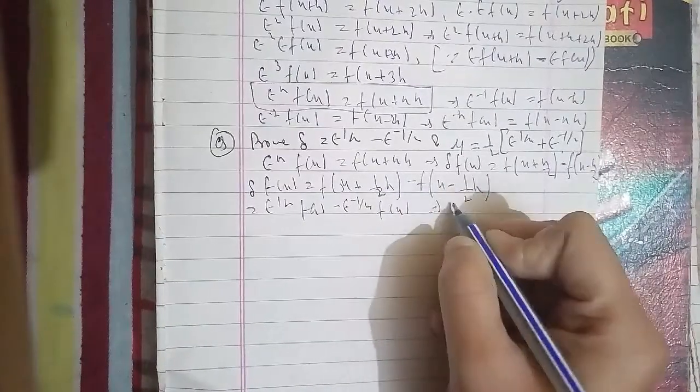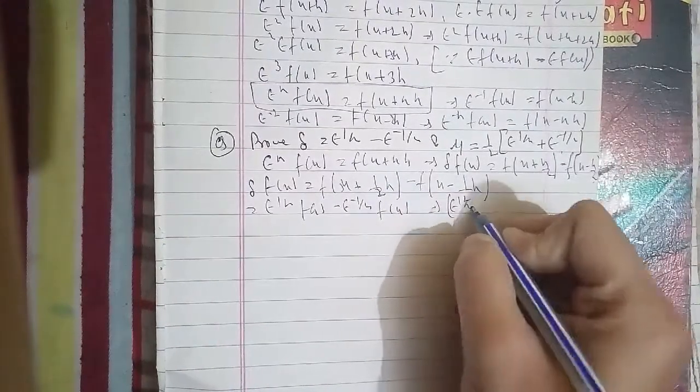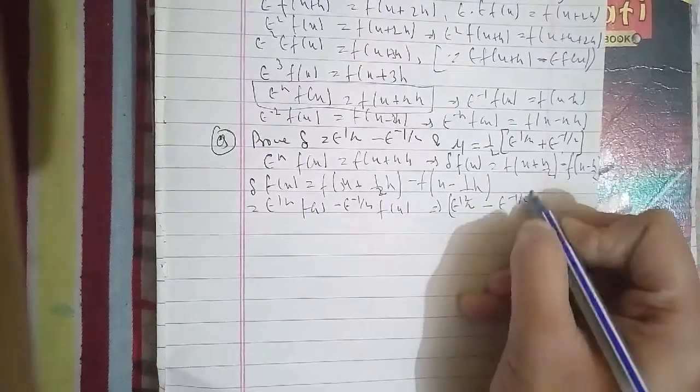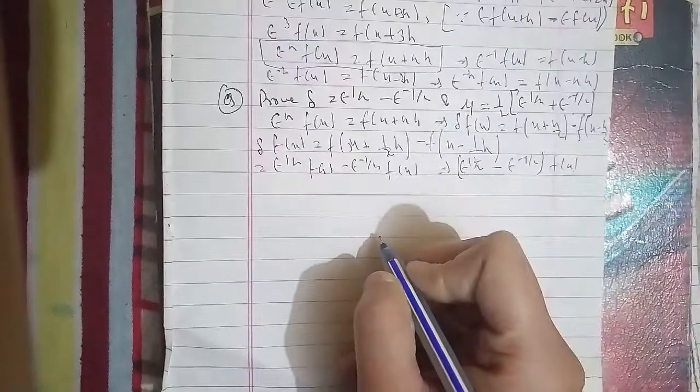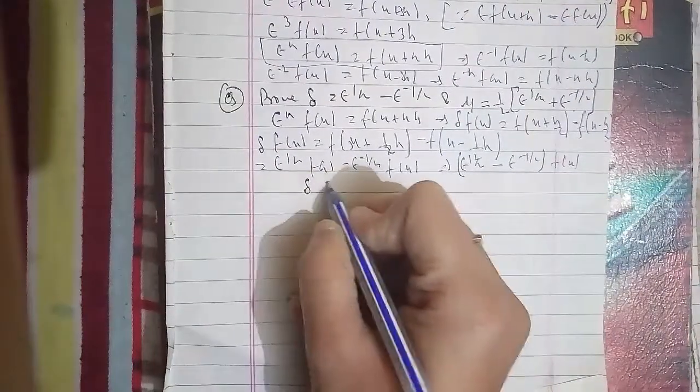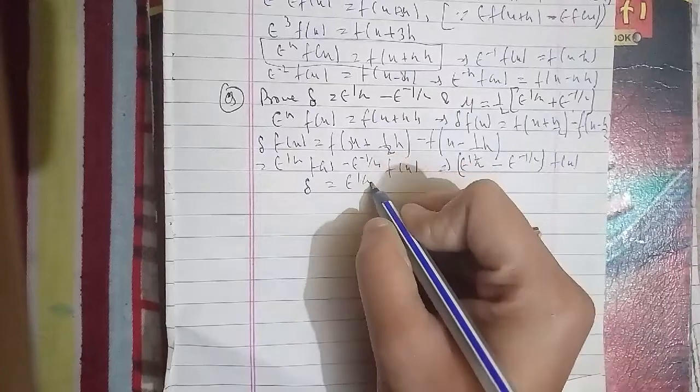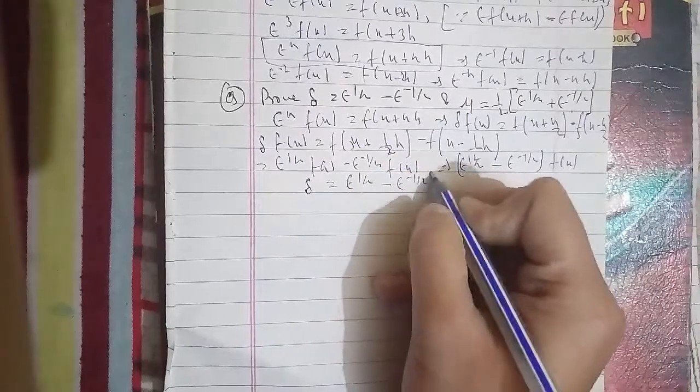It will give you (E^(1/2) − E^(−1/2)) f(x). Comparing the operator of f(x) on both sides, we get δ = E^(1/2) − E^(−1/2).